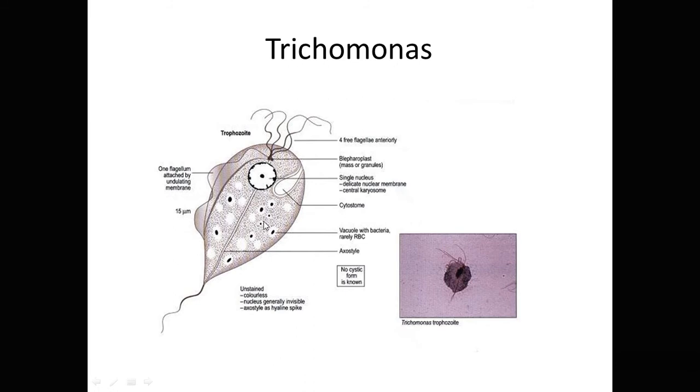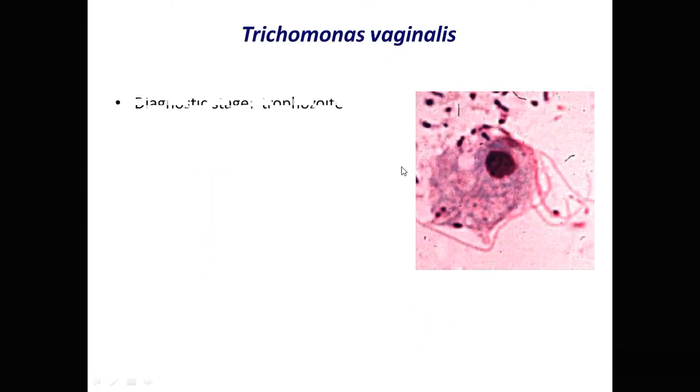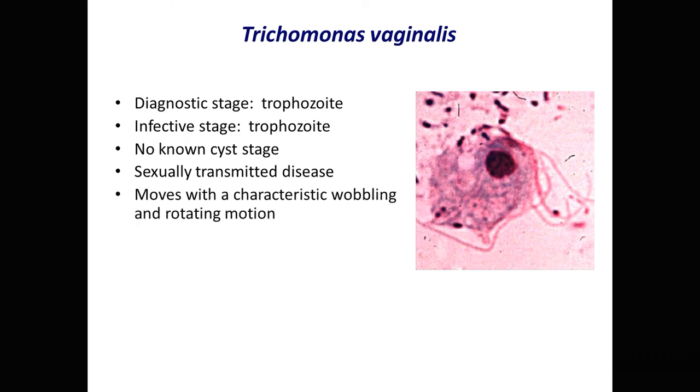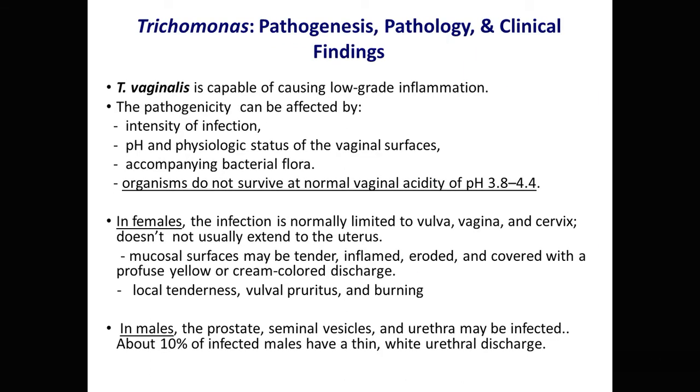We don't go into the morphological detail, though morphology is important for diagnosis. The flagellate has flagella, of course, and a slightly elongated shape under the microscope. Unlike the parasites previously described, Trichomonas doesn't have a cyst stage because it doesn't live outside the host, and it has just the trophozoite form, and it is transmitted sexually from one person to another.